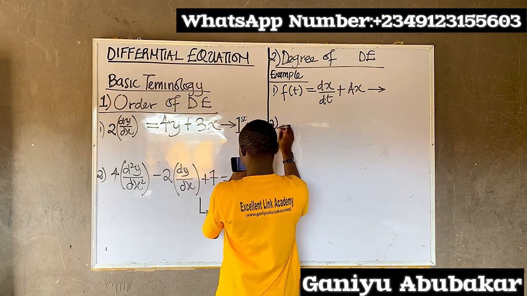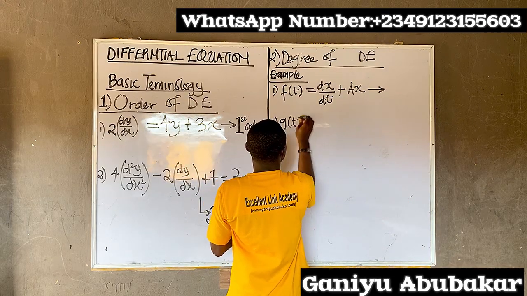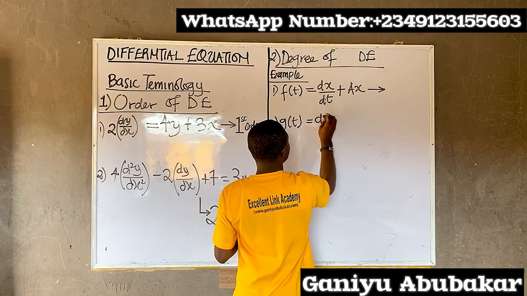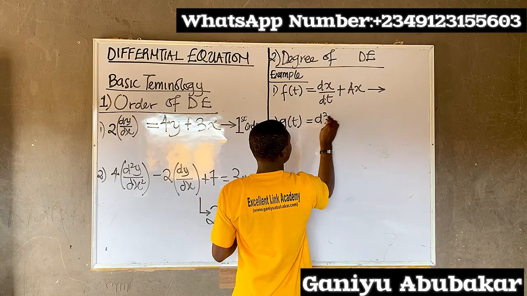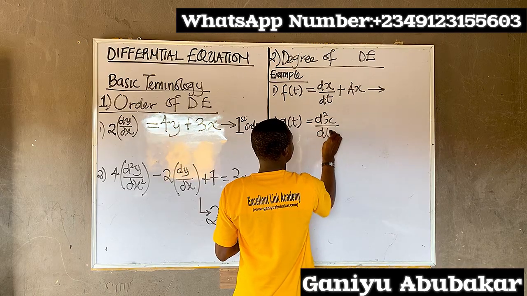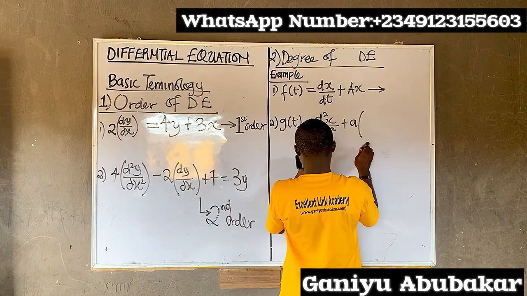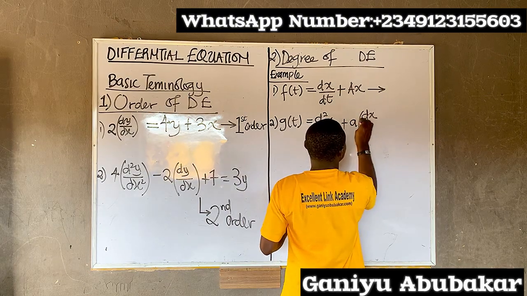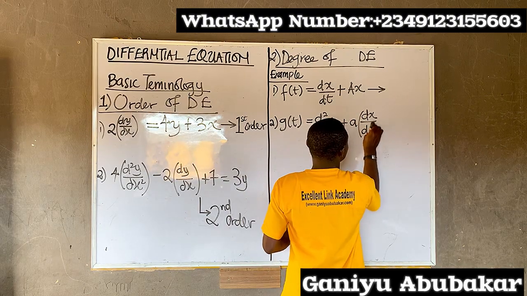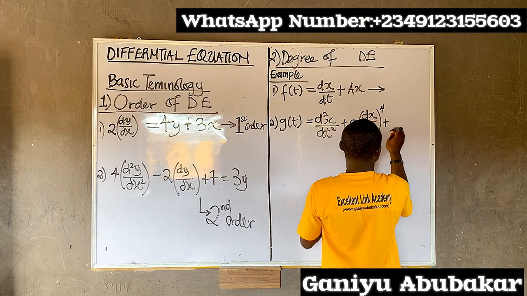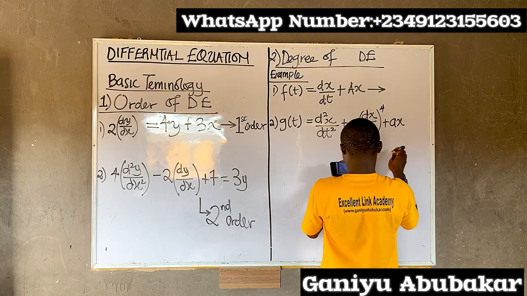Number 2, g of t equal to d squared x over dt squared plus a into dx over dt all to the power 4 plus ax.